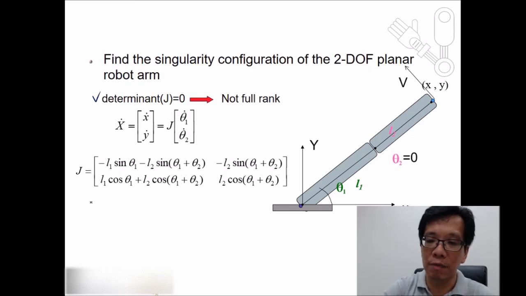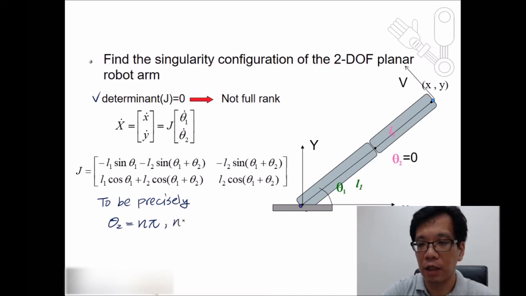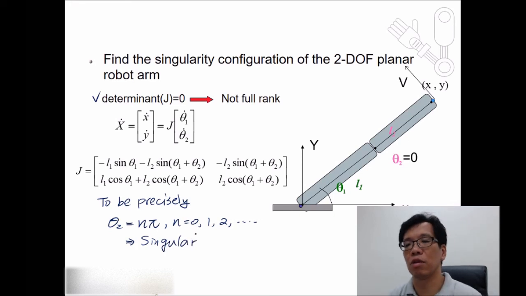To be precise, if theta 2 equals n pi, with n equal to 0, 1, 2, then your Jacobian matrix is going to be singular.